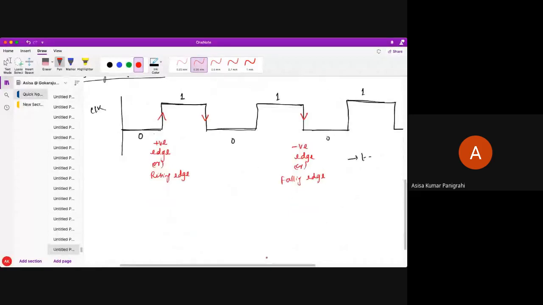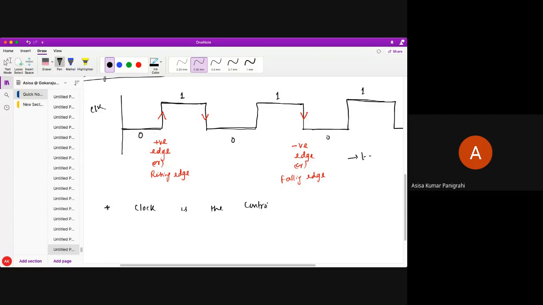Triggering. So now I'm going to describe more about it. Here you can see clock is the controlling input. Without giving the trigger, the flip flop cannot change its state. Why do you need triggering? Is it required?